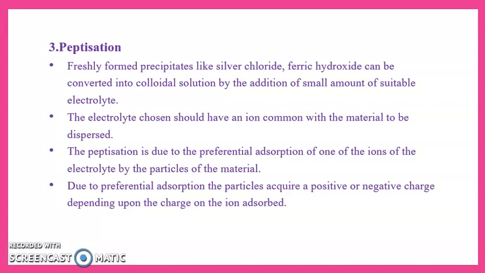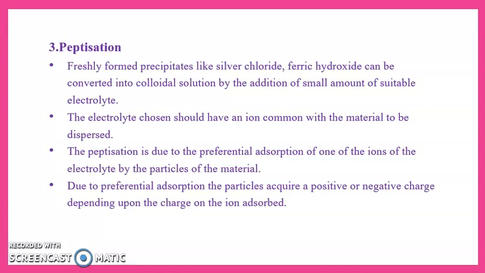The electrolyte chosen should have an ion common with the material to be dispersed. The peptidization is due to the preferential adsorption of one of the ions of the electrolyte by the particles of the material.